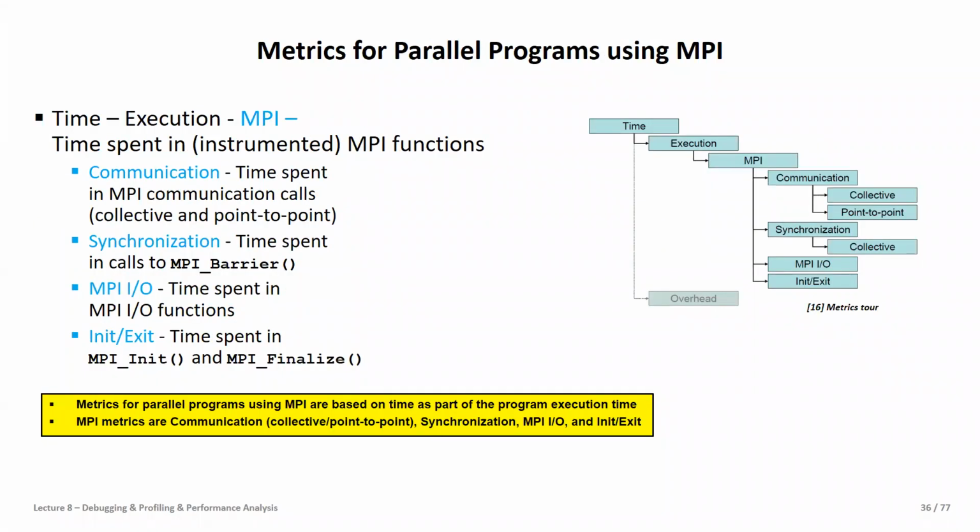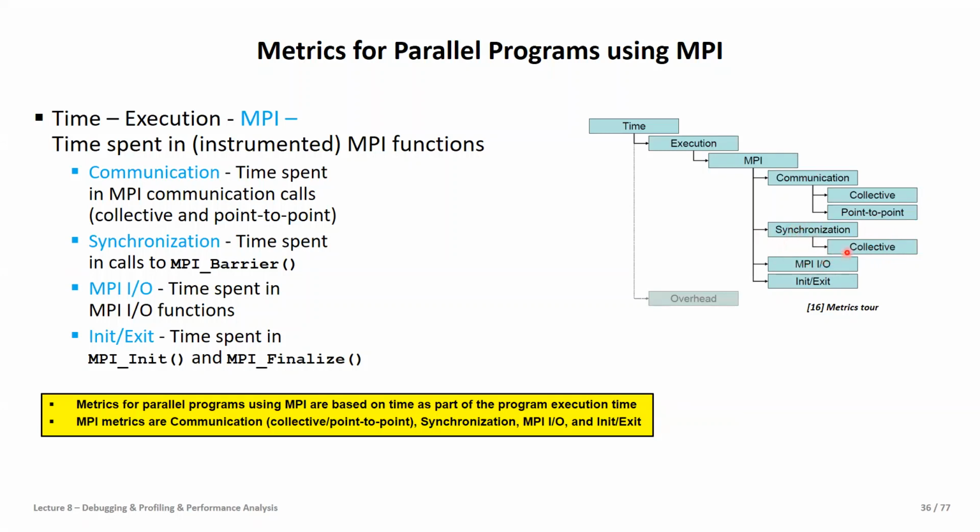So for parallel programs using MPI particularly, you have the following elements. With the overhead a bit excluded here, you have the overall time, which means the execution of your program, and then you dive into MPI. The MPI again can have different statements. As you remember, we have communication with collectives like MPI broadcast, point-to-point with MPI send and receive, but we have also learned about barriers, synchronizations, which are actually collective operations, which is something also to measure.